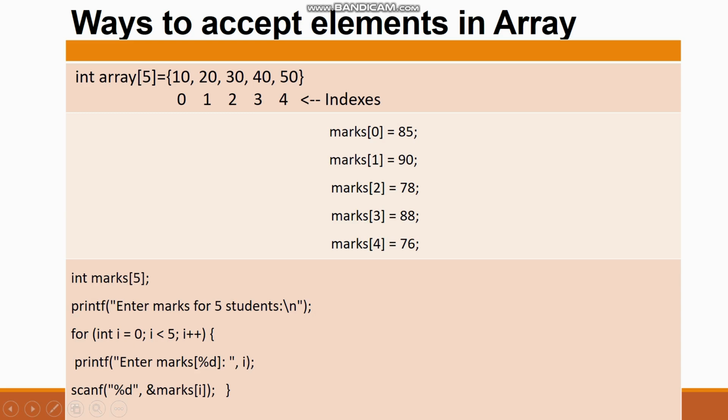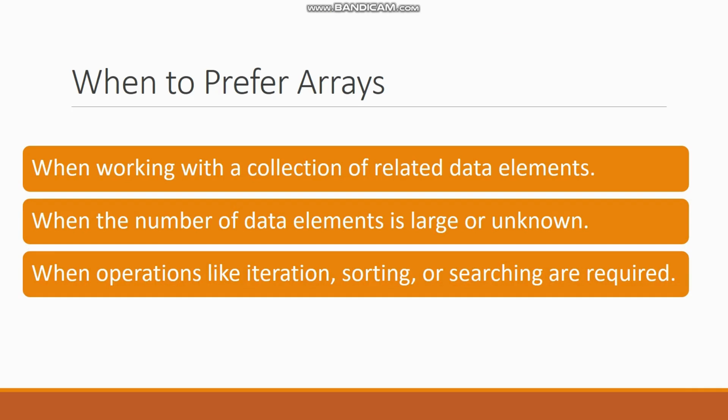So these are three different methods, and there are many more, by using files, by using even the malloc function, or some other ways. We have a number of options to accept the values in an array, but these are very specific. At this level, it is more than enough to understand these three methods to accept the elements in an array. Now, when to prefer an array, why to go for the array?